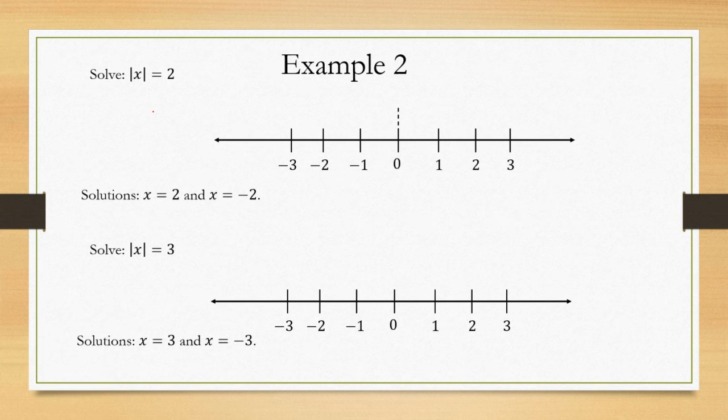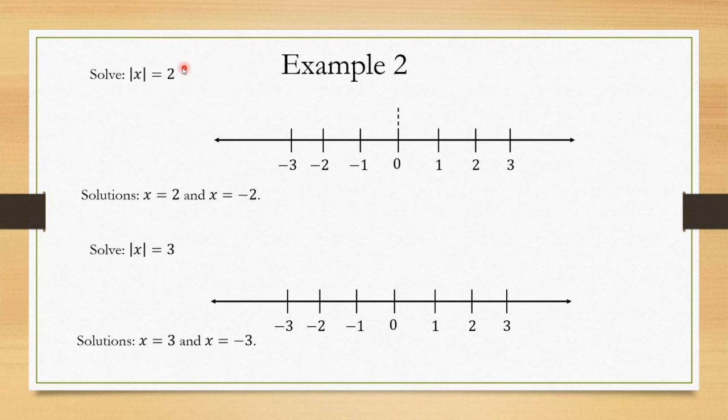We can also consider equations involving absolute value. For instance, let's say we wanted to solve the equation on top here. To solve this, we would need to find all numbers that you could plug in for x that make this equation true.